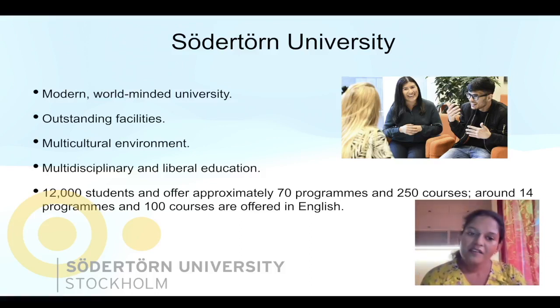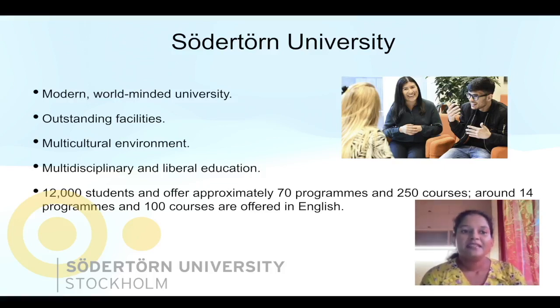If you have done your bachelor's related to the social sciences, natural sciences, or humanities, definitely you can choose a master's program from Södertörn University. The university also offers teacher education with an intercultural profile.